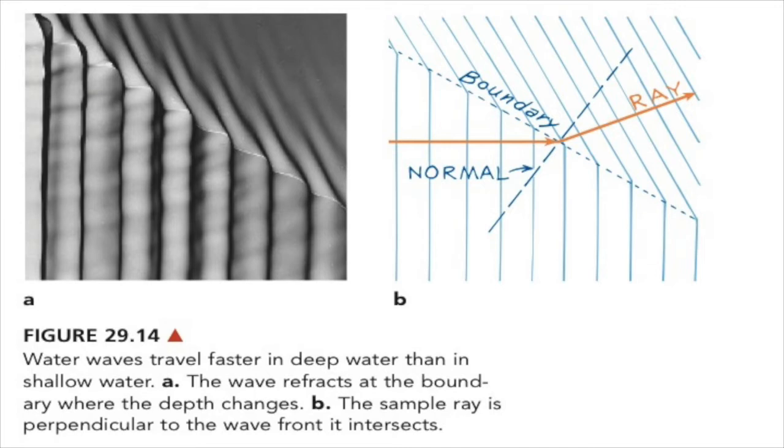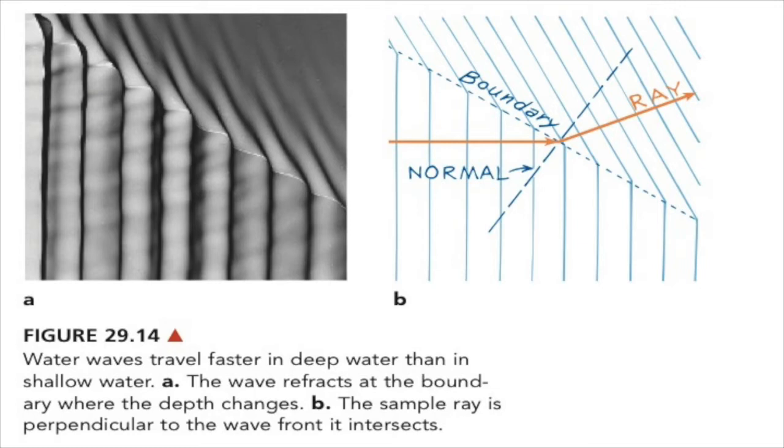At the boundary, the wave speed and direction of travel are abruptly altered. Since the wave moves more slowly in shallow water, the crests are closer together. If you look carefully, you'll see some reflection from the boundary.